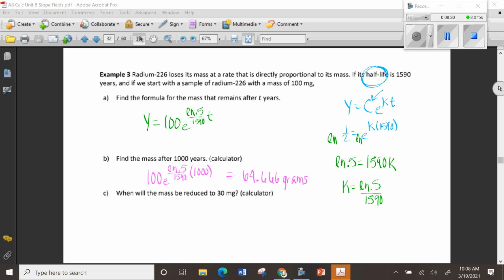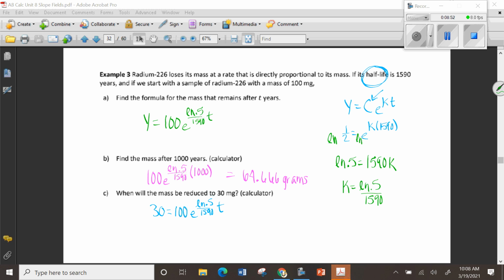And then question C is, when will the mass be 30? So this time we're solving for T. I'm going to say 30 equals 100 e^((ln 0.5 over 1590)T). I'm going to have to divide the 100 off.